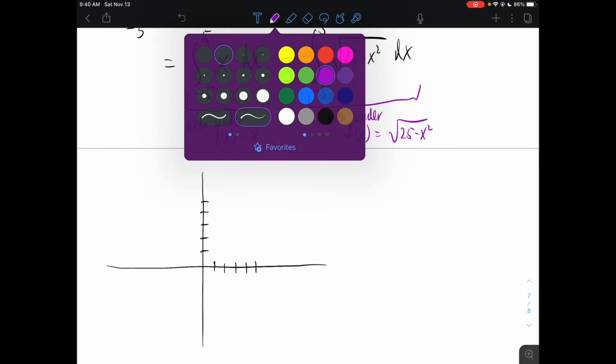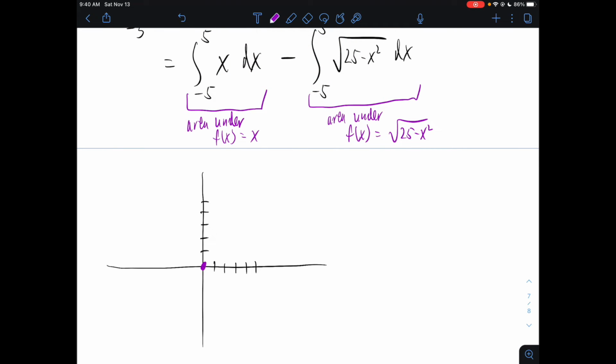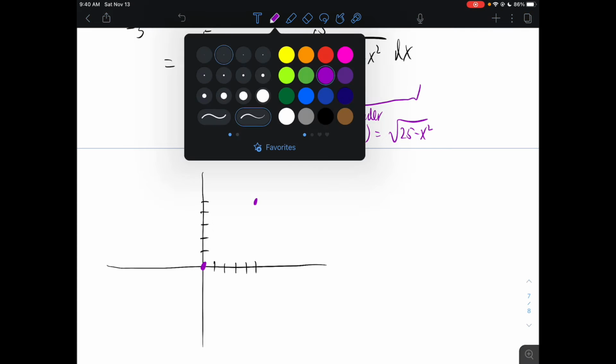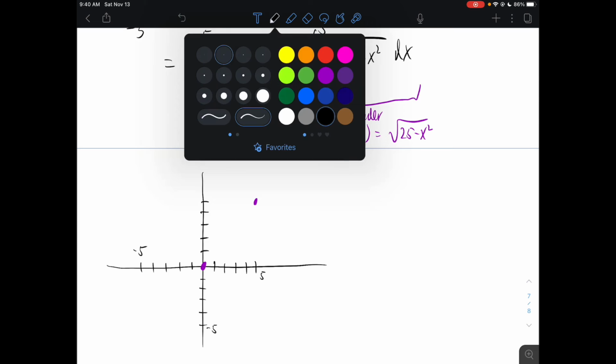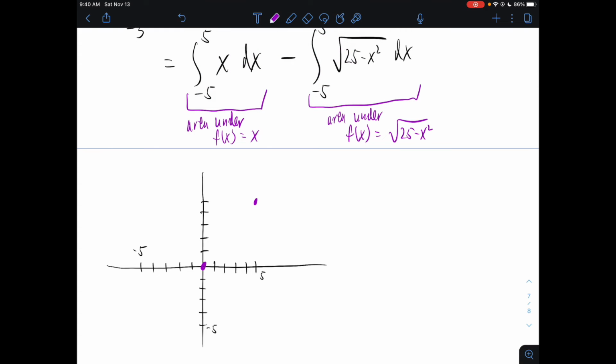If you plug in 0, you get out 0. If you plug in 5, you get out 5. If you plug in negative 5, you get negative 5. So in fact, this is the line that we get.